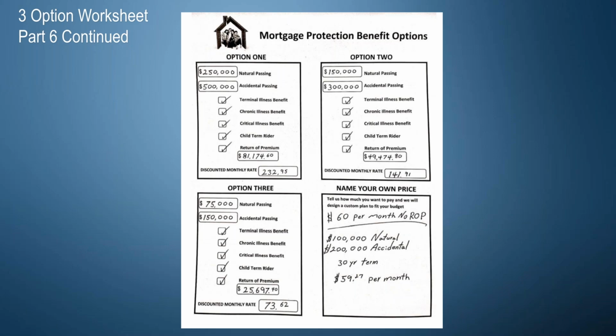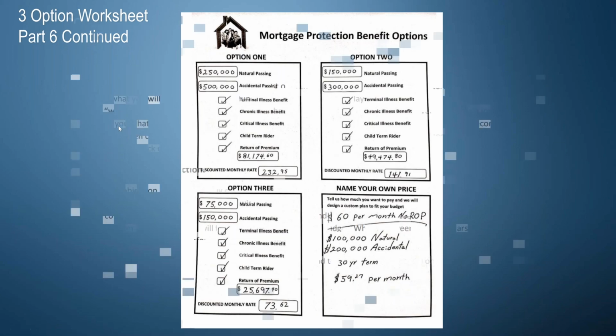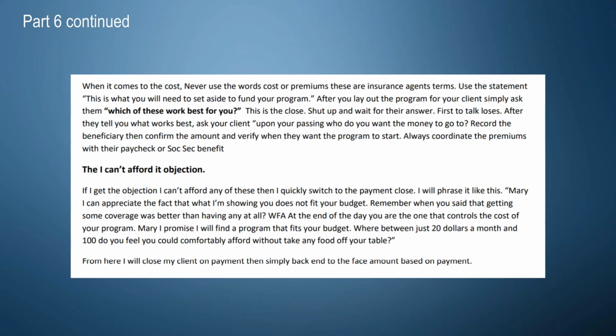From here, what we simply want to do is transition and complete the application. We're really almost done with the whole process. If we get an objection, we're going to talk about the objection. If they can't afford it or they want to think about it, hopefully those are pretty easy objections that we should be able to take care of.